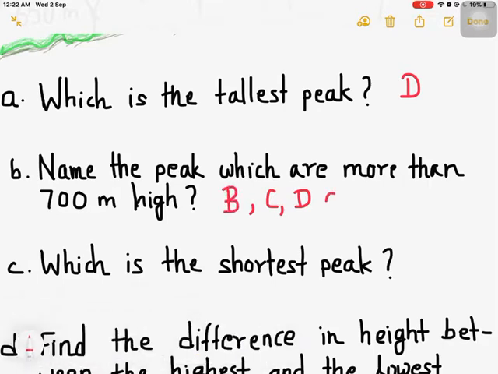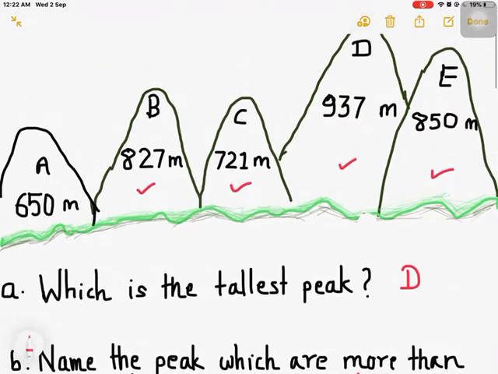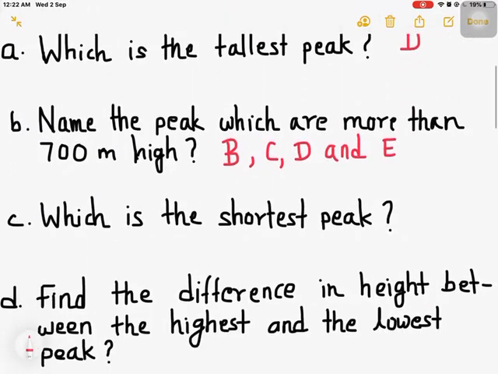B, C, D and E. Now which is the shortest peak? Yes, of course A is the shortest, the lowest peak.